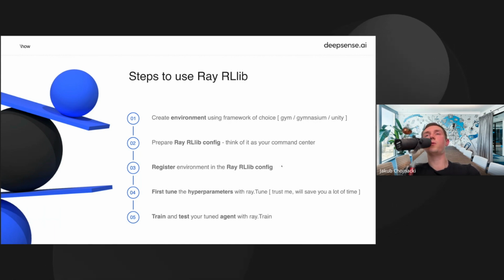This is why Ray Tune is pre-built into this entire ecosystem, and trust me, this will save you a lot of time. It's pretty powerful, and it really helps you find the best, or perhaps good, hyperparameters for your RL algorithm. And after that, you are free to go to train and test your tuned agent with Ray Train.